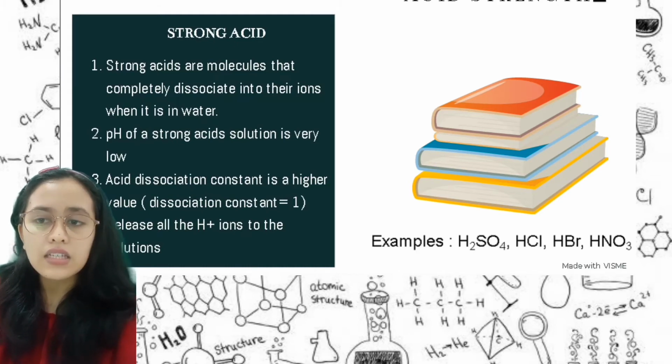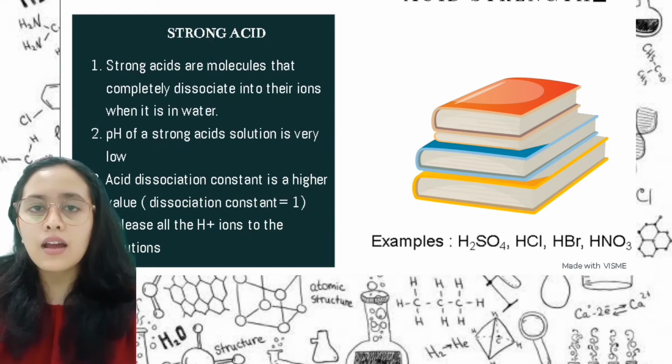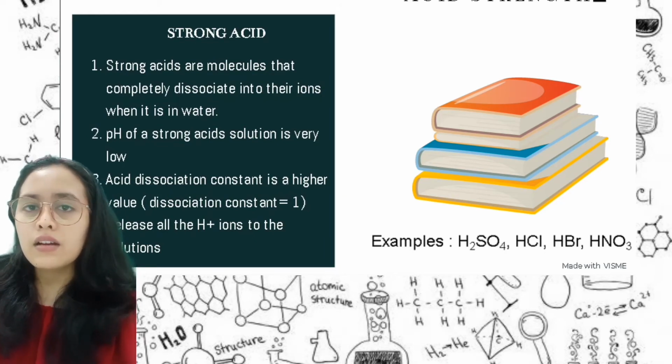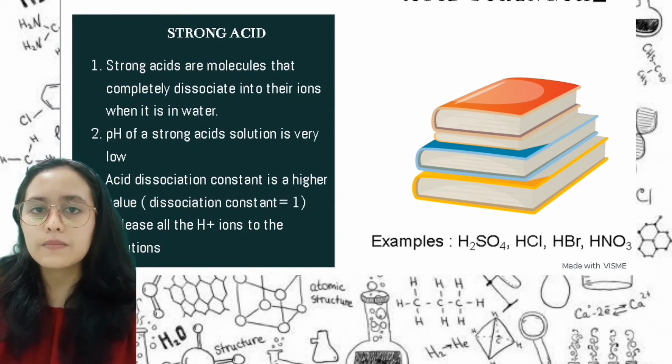Third, the acid dissociation constant is a higher value. The dissociation constant is 1. Fourth, they release all the hydrogen ions to the solution. The examples are hydrogen sulfide, hydrogen chloride, hydrogen bromide, and nitric acid.